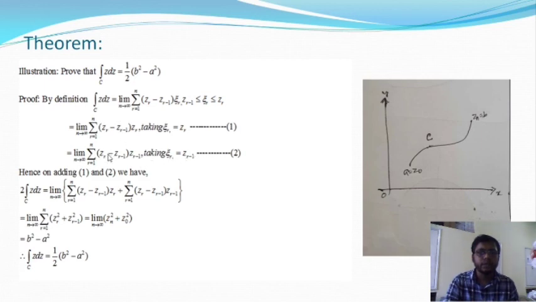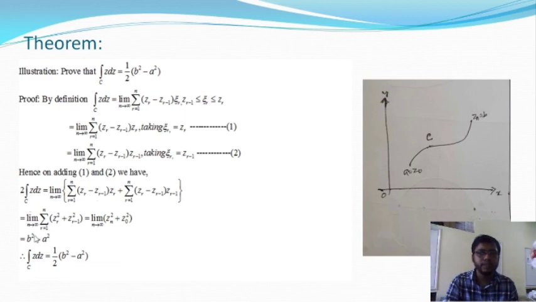Now adding equations 1 and 2 we will get 2 times the integration over C of z dz, and it is equal to the limit as n tends to infinity of summation over r equal to 1 to n of (z_r minus z_{r-1}) into z_r plus summation over r equal to 1 to n of (z_r minus z_{r-1}) into z_{r-1}.